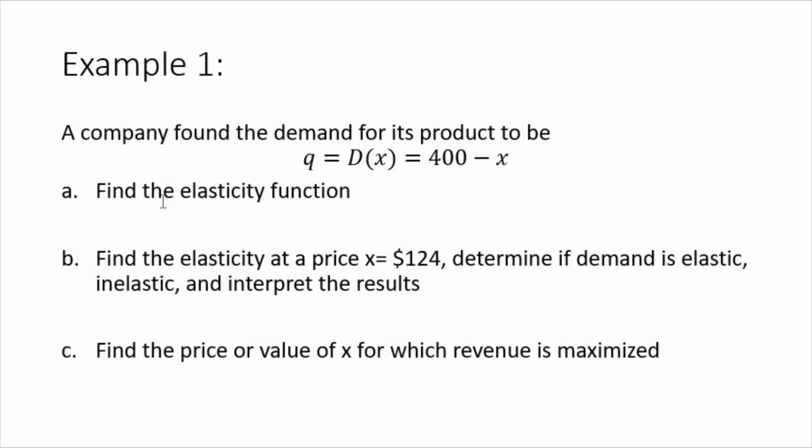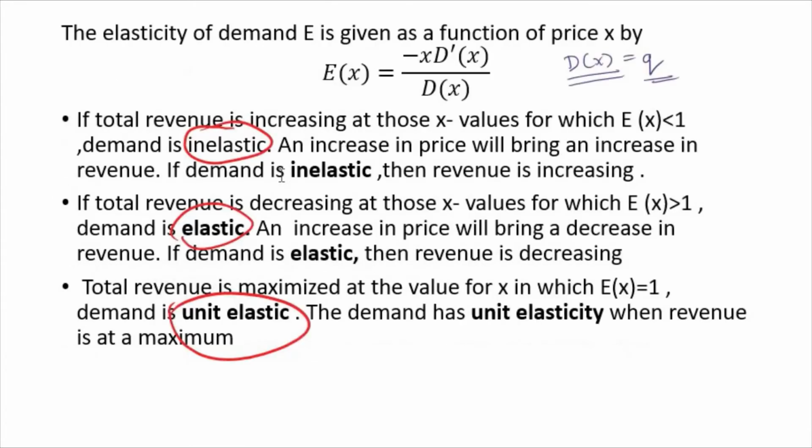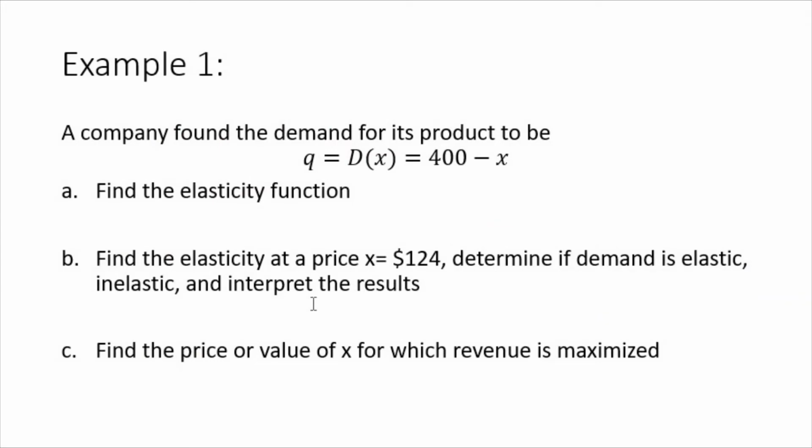So let's start with the beginning. To find the elasticity function, we're going to use the previous formula. Since the elasticity of demand function is equal to negative X times the derivative of the demand function divided by the demand function, we're going to say E of X is equal to negative X times the derivative of the demand function.